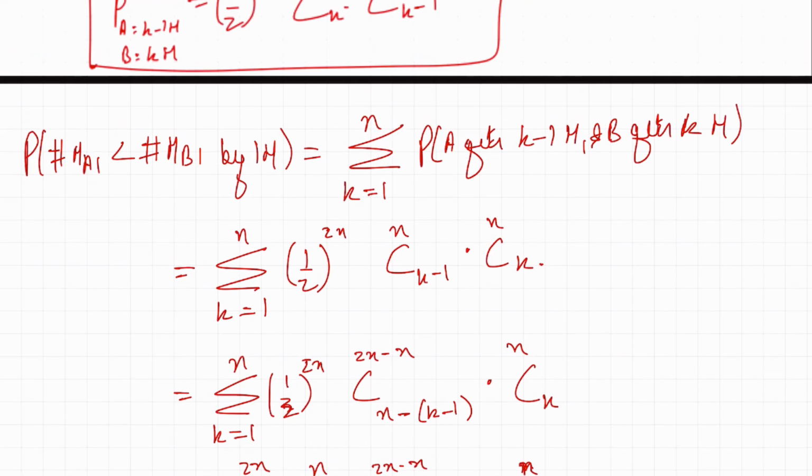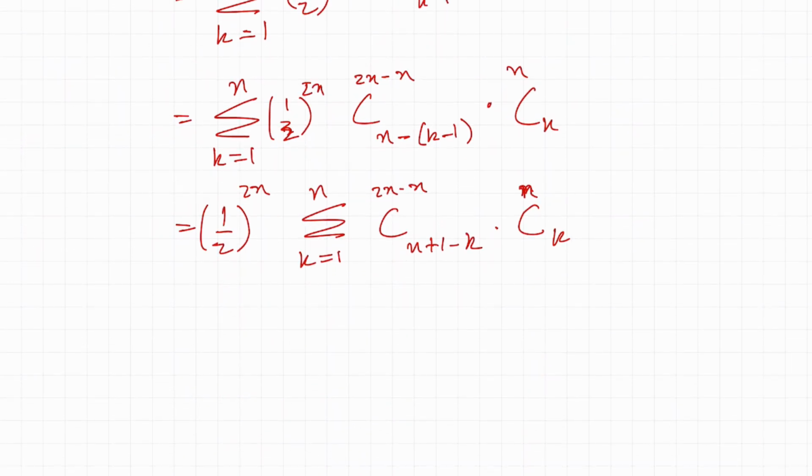If you want to start comparing it to the earlier property we had, I'm just going to quickly write it again. What was the earlier property? The earlier property was the sum over k from 0 to n of n' choose (n' minus k'), times K choose k', equal to n choose n'.